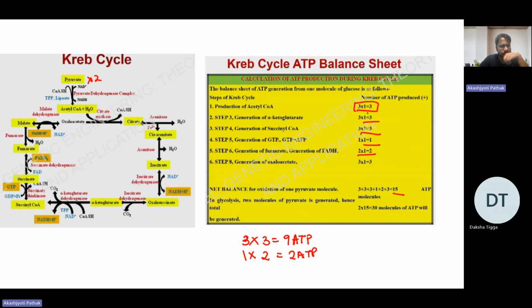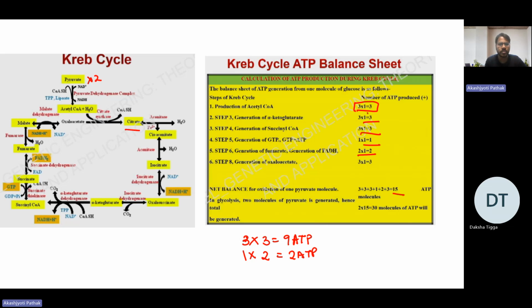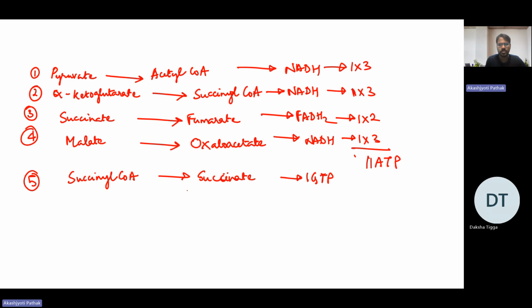Your alpha ketoglutarate to succinyl-CoA will give you NADH, and also your synthesis of alpha ketoglutarate, from citrate to isocitrate, isocitrate getting converted to alpha ketoglutarate, is also yielding one NADH molecule.